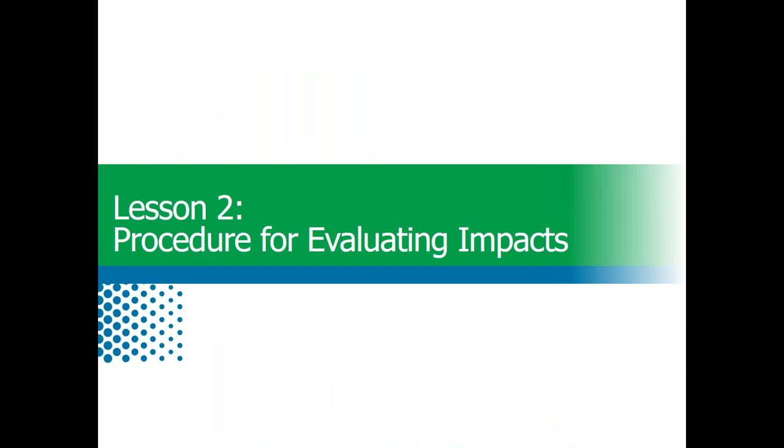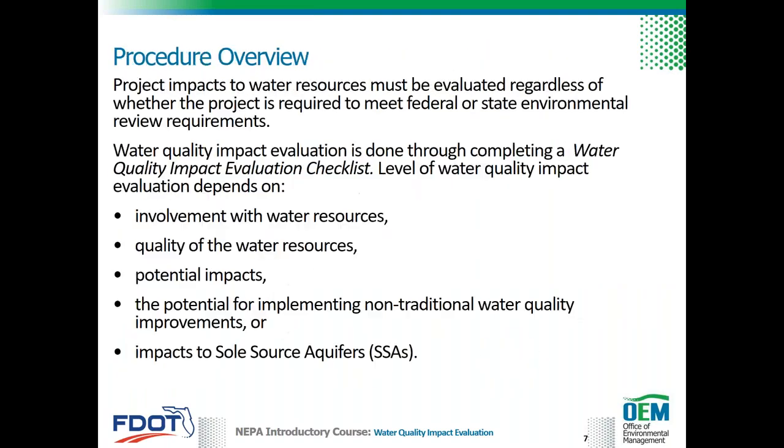Lesson 2 goes over the procedure of evaluating impacts. During the PD&E study, an impact evaluation to water resources is required for projects which qualify for screening through the FDOT Efficient Transportation Decision-Making, or ETDM, process.